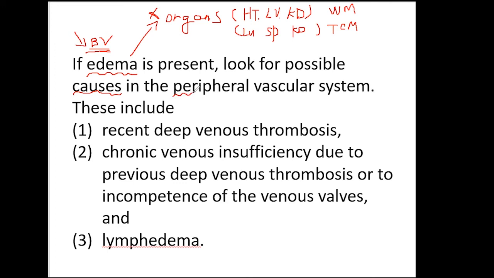So right now we're just talking about the peripheral vascular system, in other words, blood vessels causing edema. For example, deep vein thrombosis: some blood stasis inside the blood vessels, blocking the blood flow.